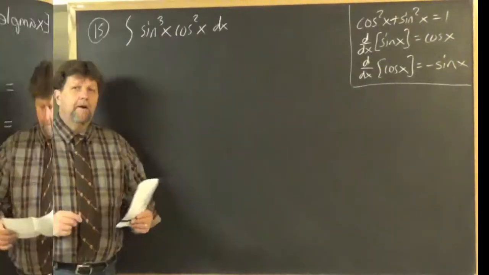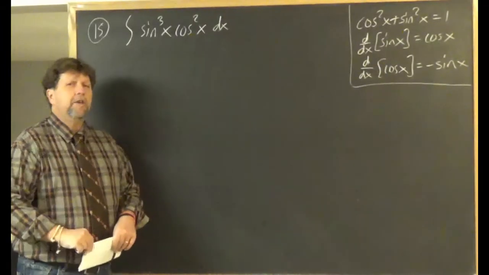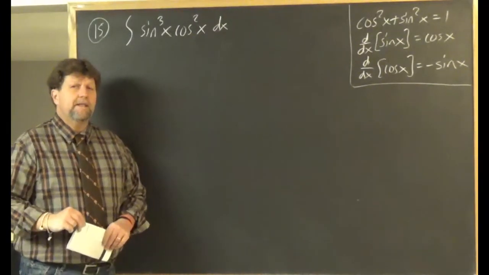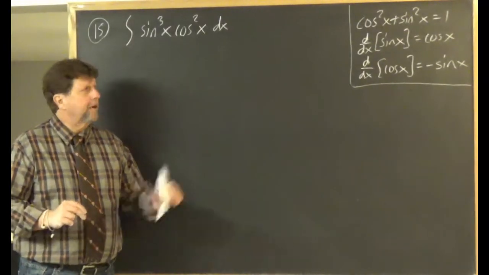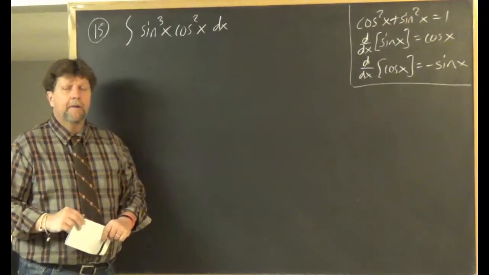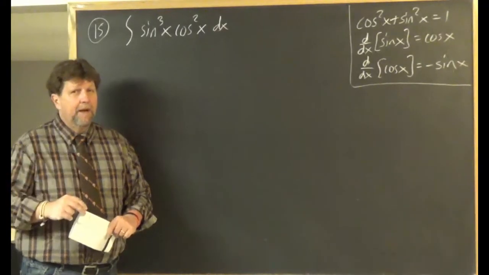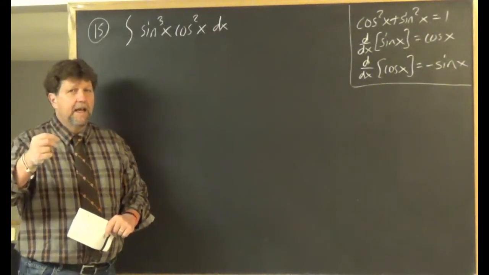All right, in 15, we're asked to integrate sine cubed x, cosine squared x, dx. I've left my weapons that I think might be helpful written up on the board over there. So the first thing that pops into my head is I see a sine cubed x.